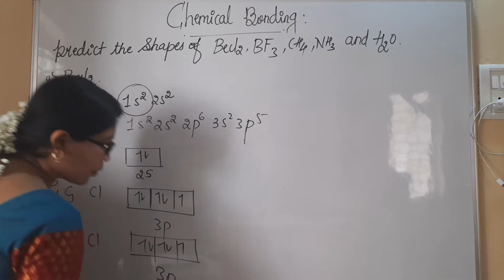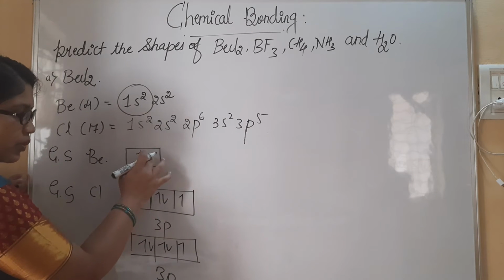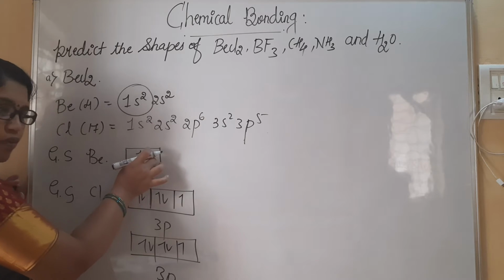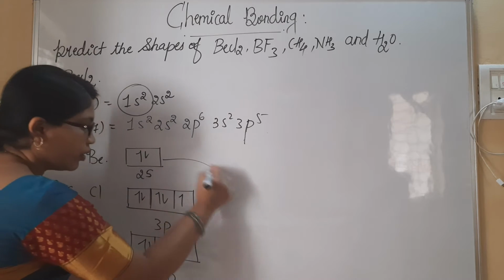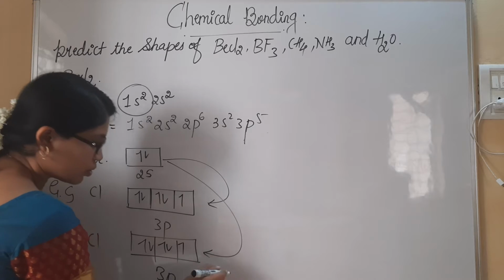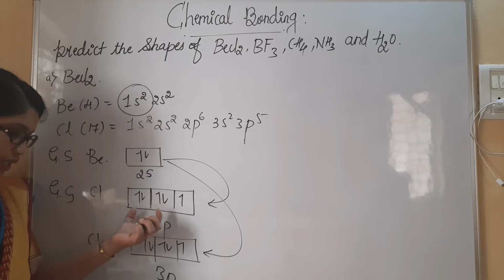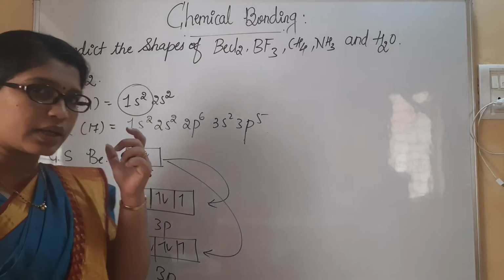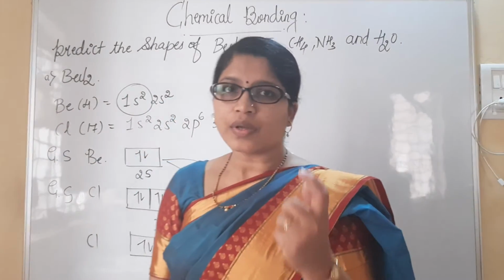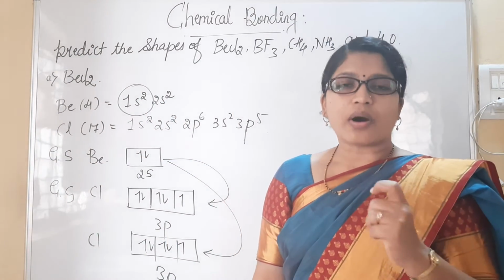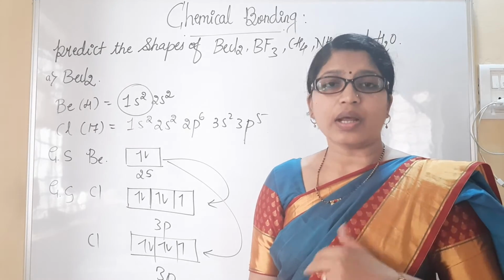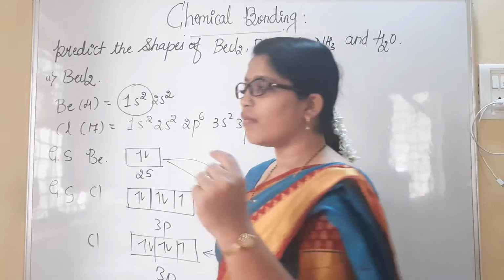There are 2 electrons present here which are considered valence electrons, which can be given to one chlorine as well as to the other. Once the s orbital of beryllium and the p orbitals of chlorine undergo hybridization, they will arrange.